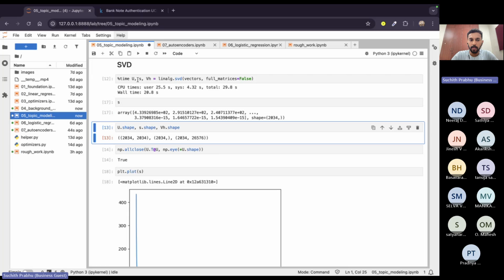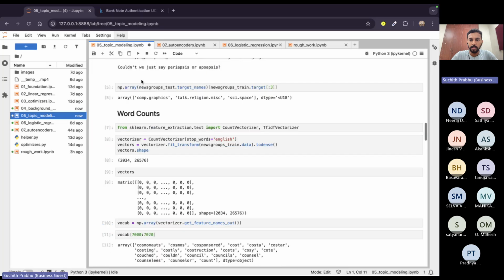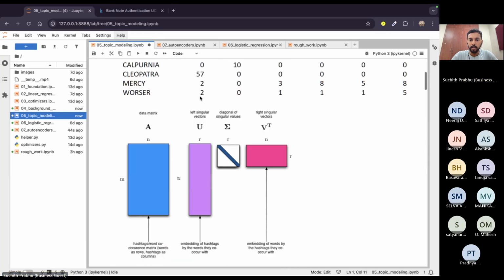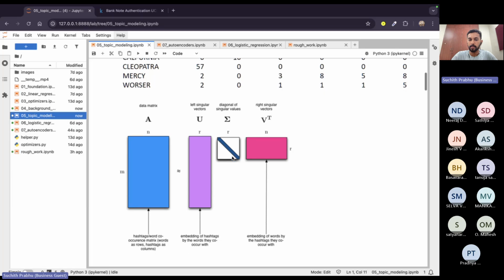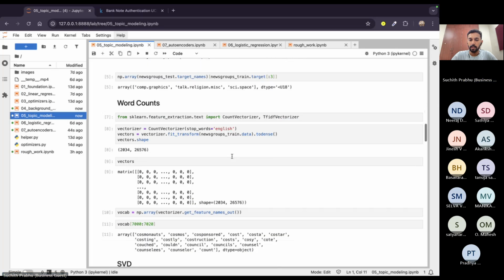When we decompose it, this matrix sigma is just a diagonal matrix, with the values in the diagonal sorted from highest to lowest singular values. I'm just plotting this.